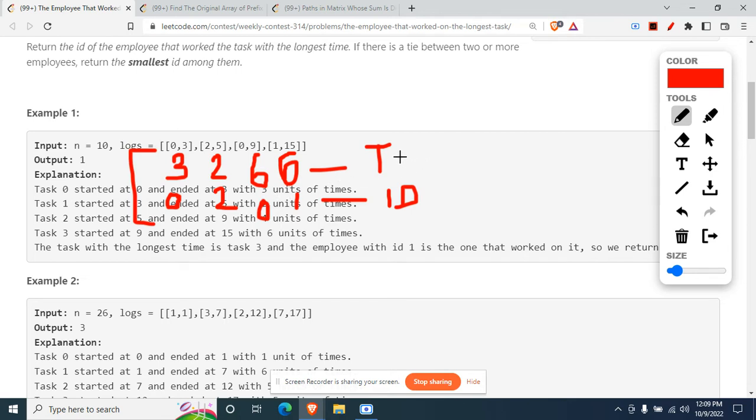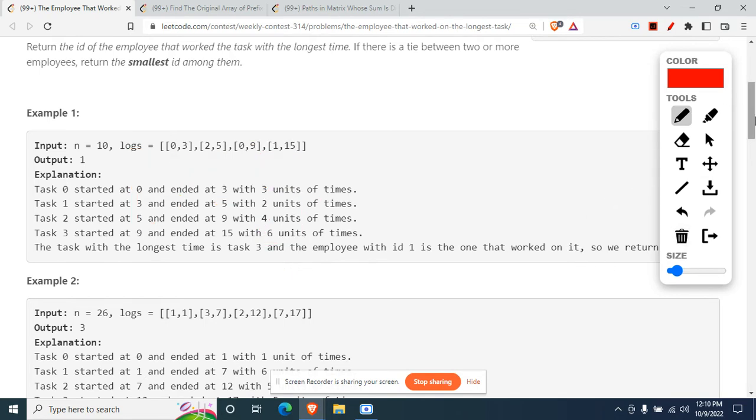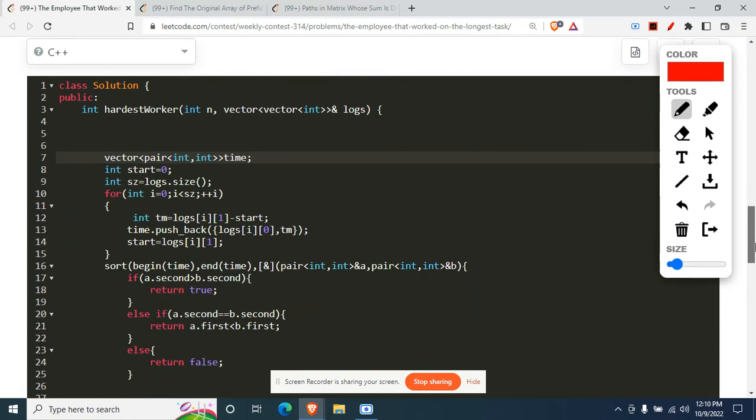So what do we do? While sorting, if two employees have the same time, meaning they take the same time to complete their work, we will sort them on the basis of their ID, and at the end of the day we just return whatever has the highest time with the lowest ID. Fine, so that is what we need to return.